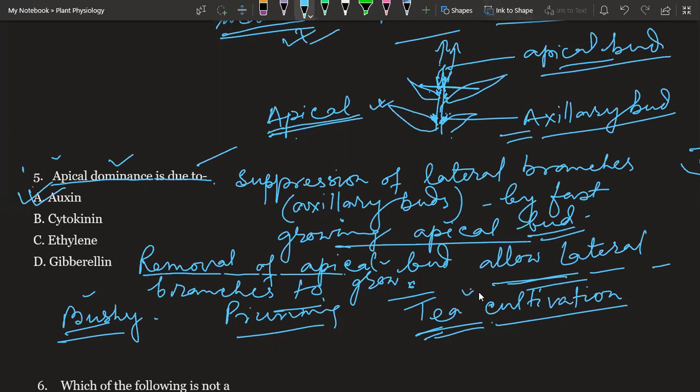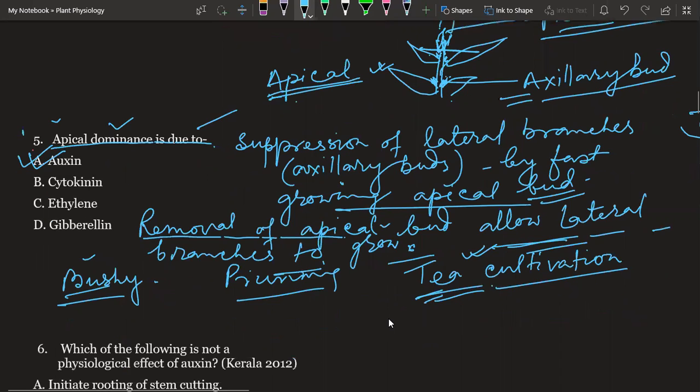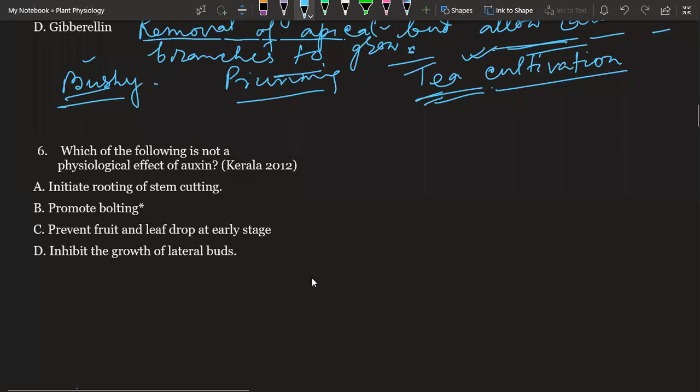So in many cases this is very useful. Of course, in some trees, like timber trees, we don't need the lateral branches, so whenever lateral branches come out, they are usually removed, so that the tree will grow straight.